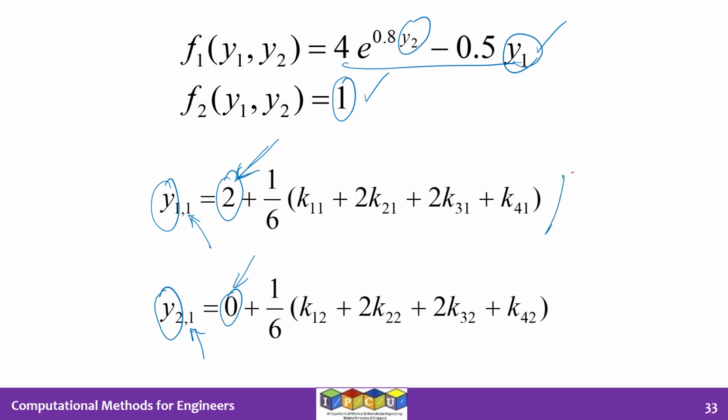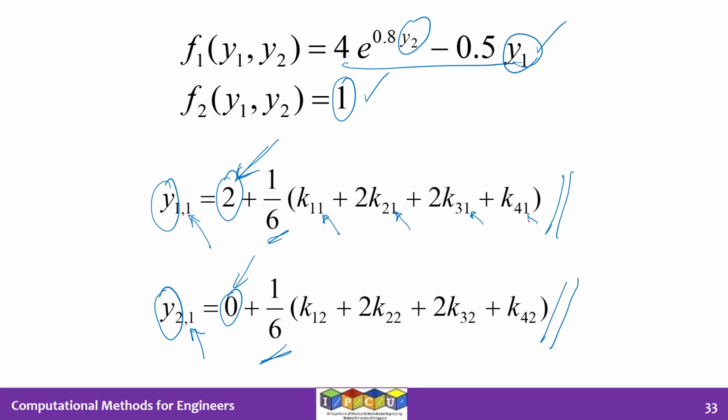Then this is the RK4 formula for y1, and this is the RK4 formula for y2. So 1 by 6, you recognize that. We had k1 plus 2k2 plus 2k3 plus k4. But now we have to look at k11 because the second subscript is for y1.